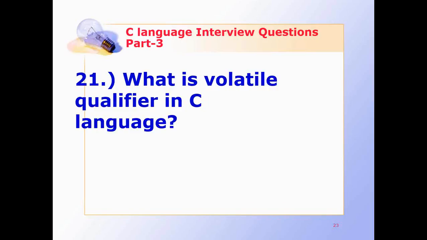What is the volatile qualifier in C language? When a variable is defined as volatile, the program may not change the value of the variable explicitly, but the variable's value might keep on changing without an explicit assignment by the program. These types of qualifiers are called volatile.